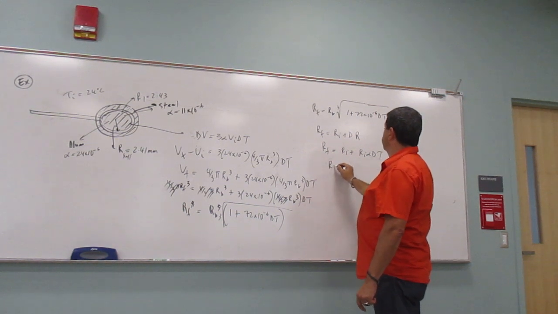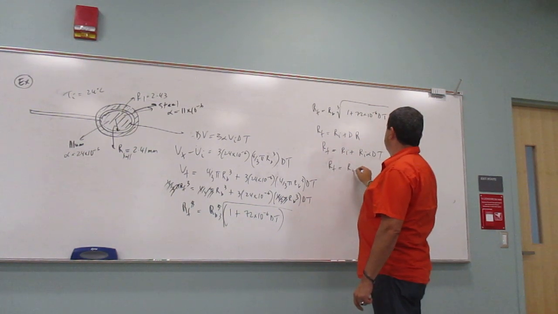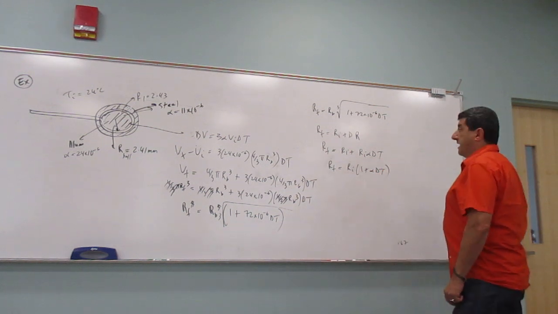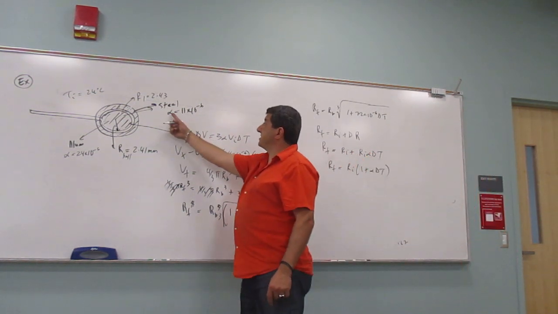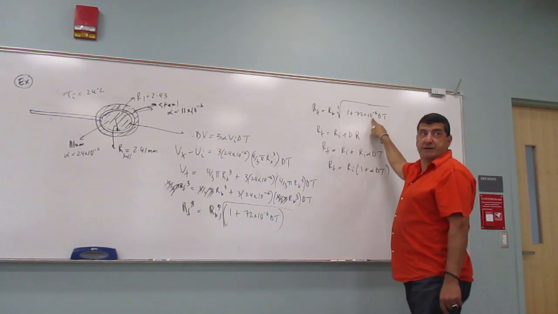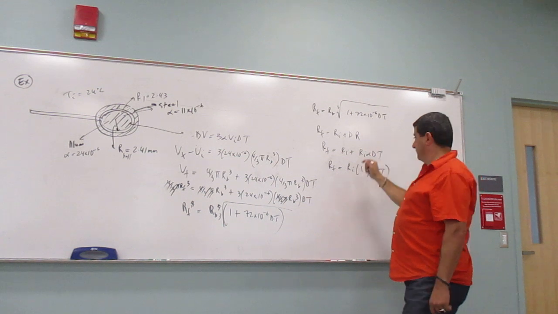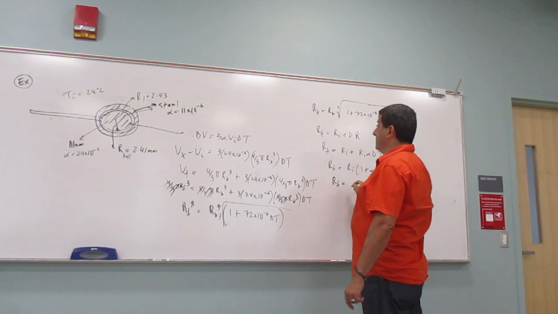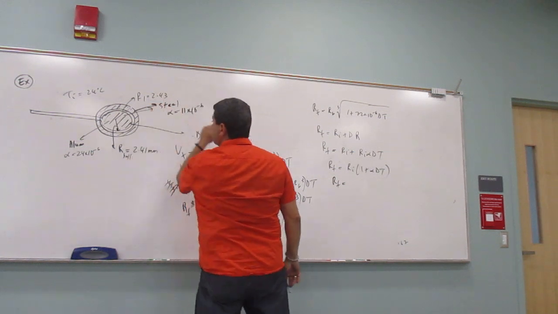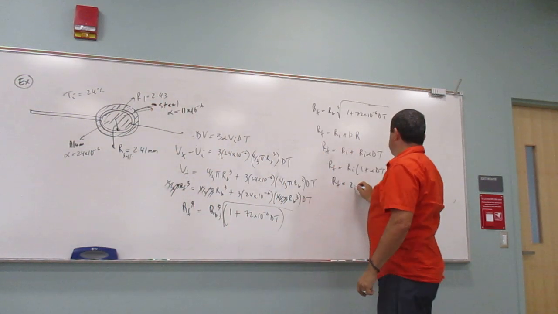So R final is going to be R initial times 1 plus alpha delta T. And the alpha of that, since it's steel, is 11. So this definitely has a chance of catching up to that, right? So then R final is going to be R initial, 2.43.